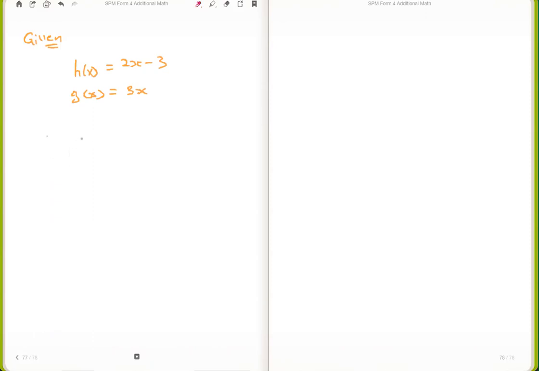In the question, find out what g of h inverse of x is. A very similar question, but now you need to find out what the inverse function is.